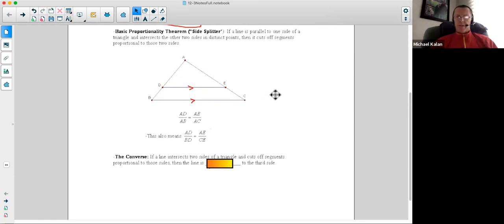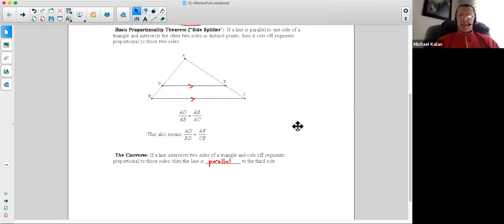Okay, you probably can see why we call it side splitter. All right. You also have the converse, which basically says if the line intersects two sides of a triangle and cuts off segments proportional to those sides, then the line is parallel to the third side. Okay. All right.